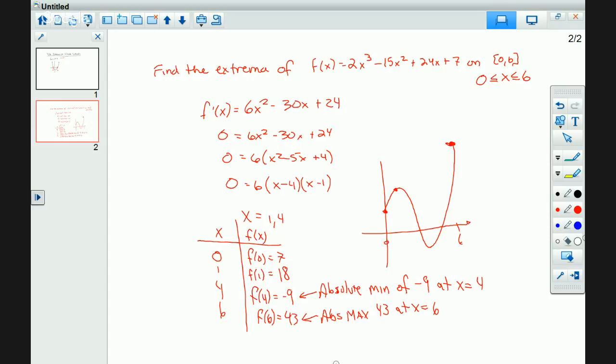So 0, 7 here could be a local minimum, and this is a local maximum here, right? Again, this procedure is the same every time if you're looking for something that's an absolute.